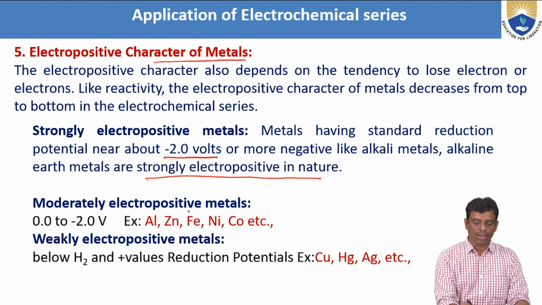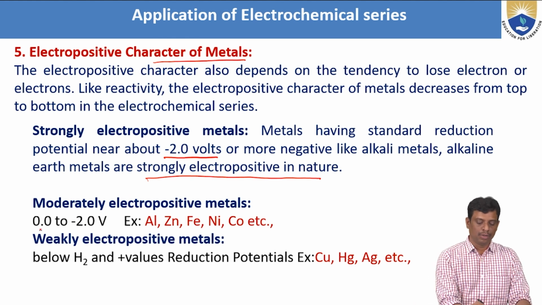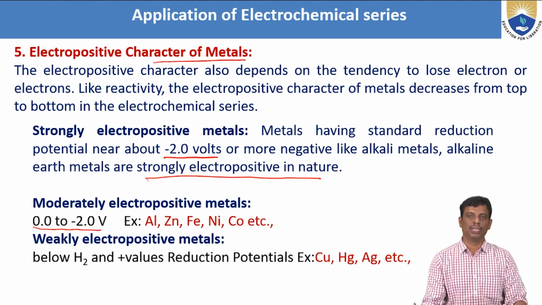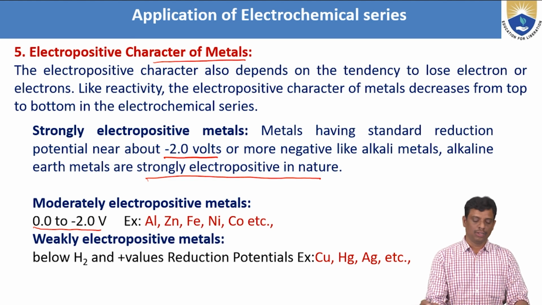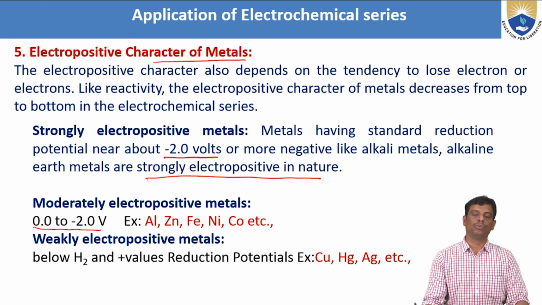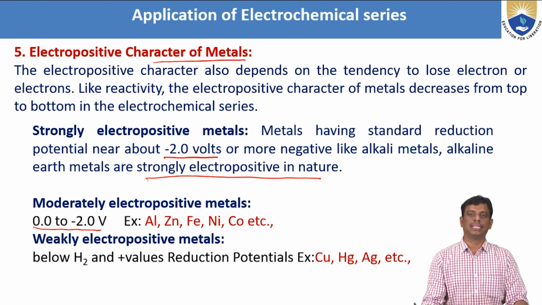Moderate electropositive metals have potentials between 0 and minus 2.0 volts in the electrochemical series.